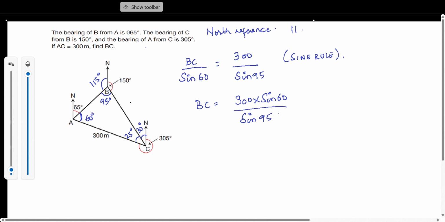So 300 into sine 60 would give me 259.807 divided by sine 95.